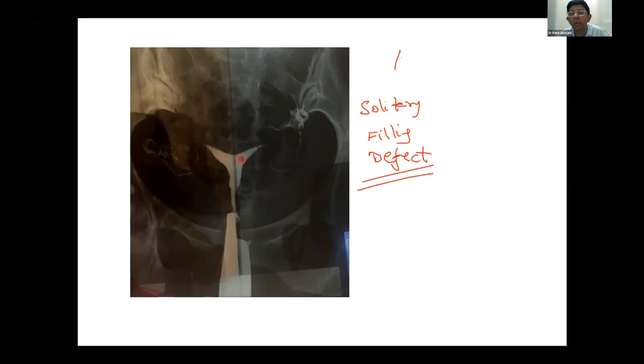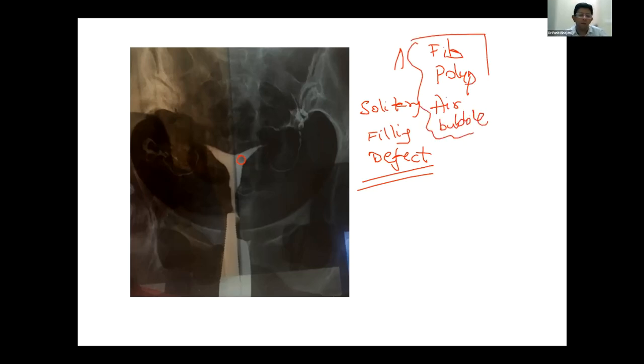That's why you need to de-air. Fibroid can be there, polyp can be there, and air bubble also. Obviously, you need to see whether it passes or not. And of course, depending on the history, you might want to do a hysteroscopy and get the polyp out. Very good, all of you.